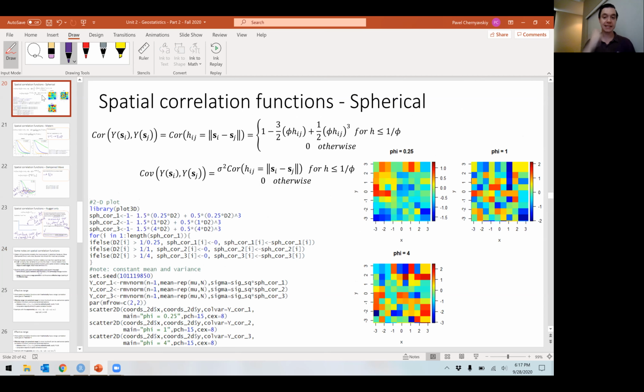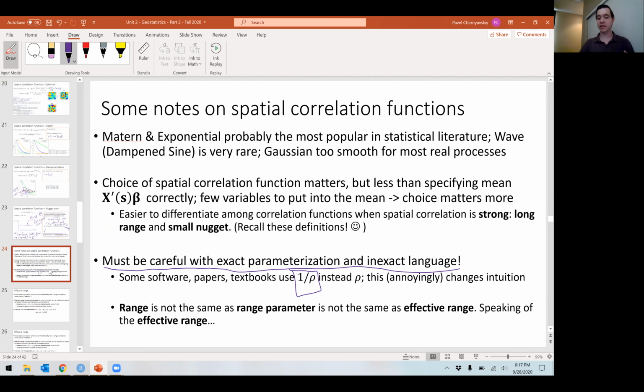In some cases, people just, because it's 1 over phi that is equal to the range, instead of phi, they write 1 over phi there. So be careful, whether it's ArcGIS or a new package in R, you have to be sure exactly how their spatial correlation functions are parameterized.